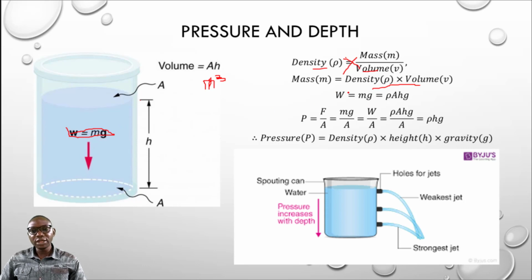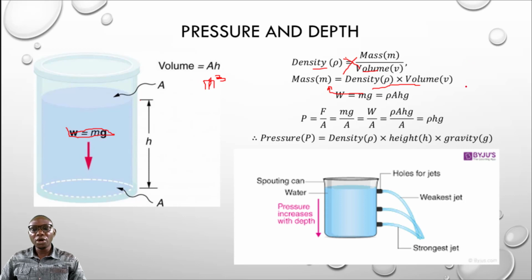So if we substitute the mass we have determined into the formula of weight, we get weight equal to density of the fluid multiplied by the volume, which is the area of the container multiplied by the height the fluid occupies, multiplied by gravity.